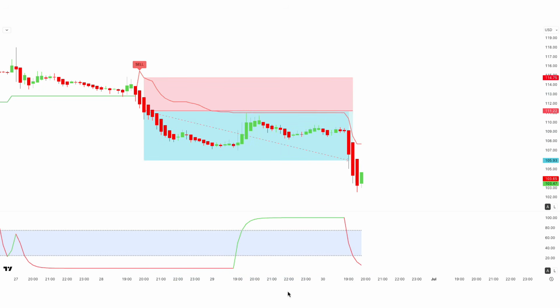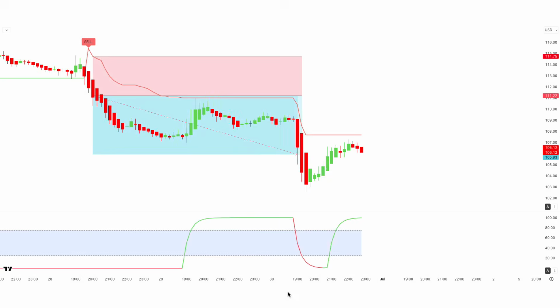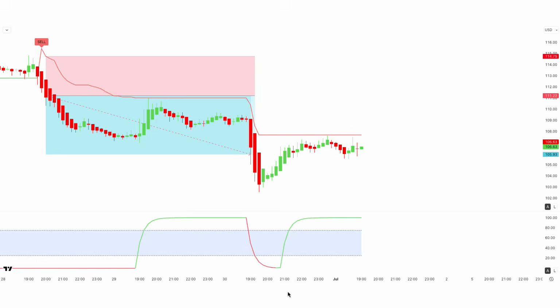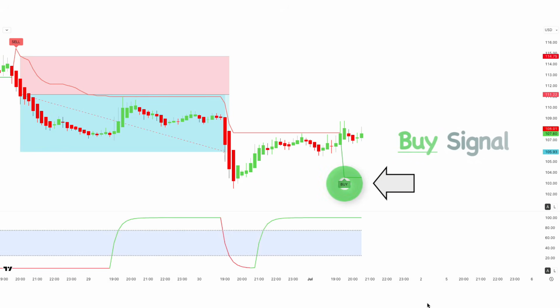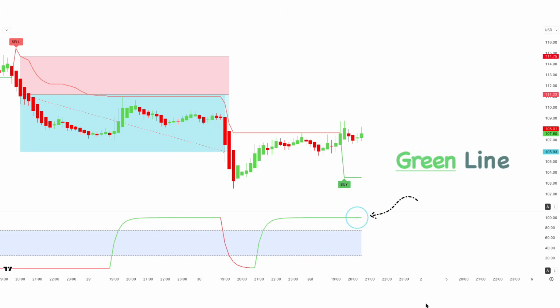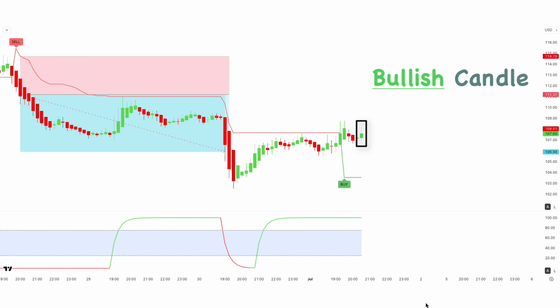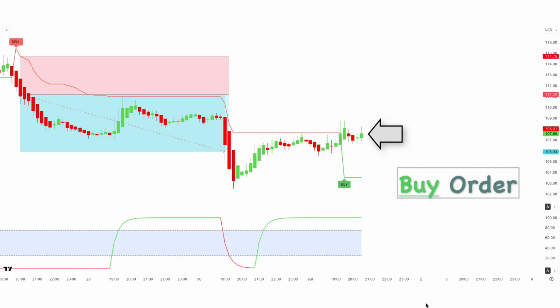Let us now understand the long position. When the ATR Stop Classic arrow of this indicator is a buy signal, when the green line of the STC indicator is above the blue area, when the market forms a bullish candle, if this condition is fulfilled, then we will place a buy order.